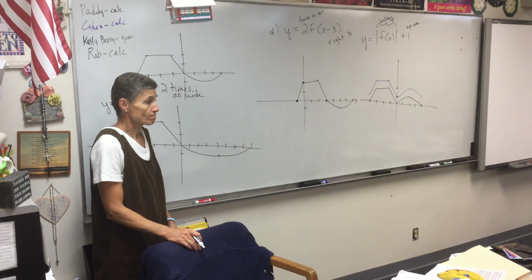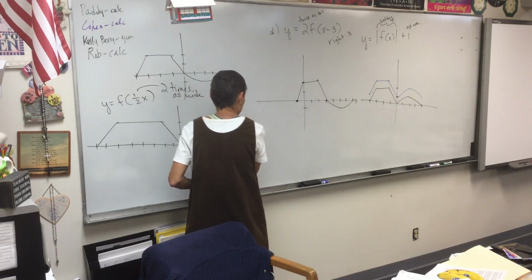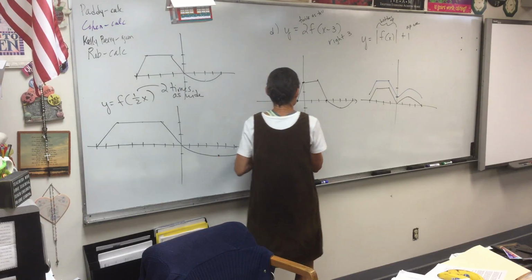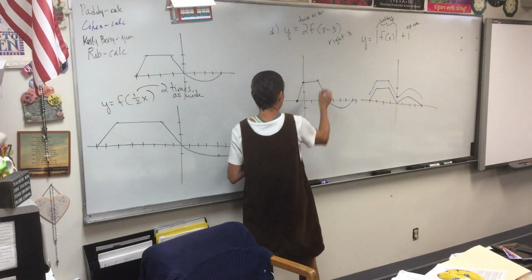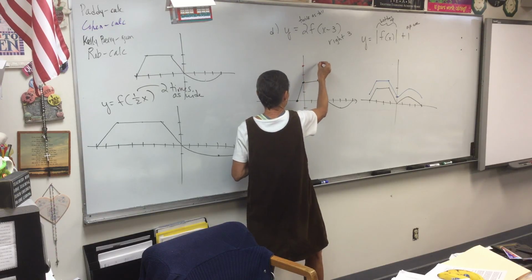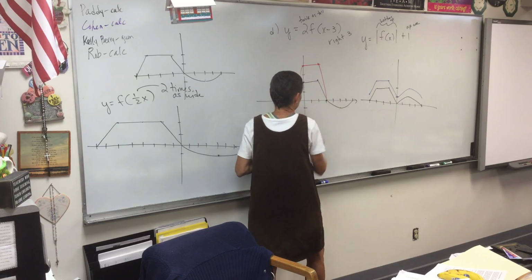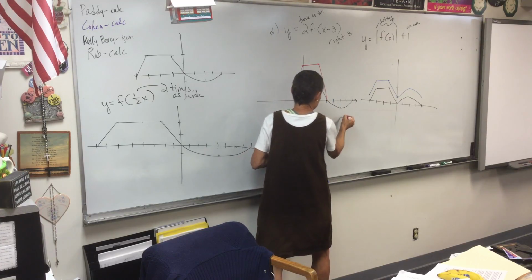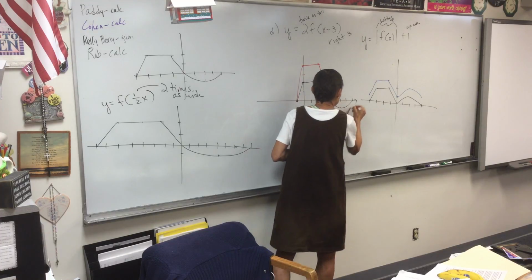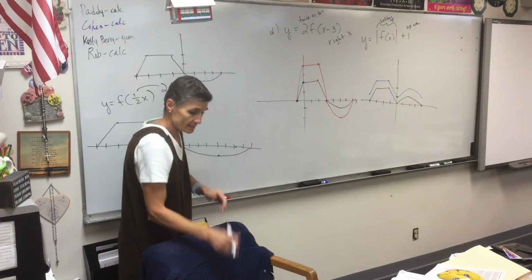Okay? Now I gotta make it twice as tall, which means all the y's are doubled. So that means this guy's up here at 4. And this guy is down here at -1. So the red is the answer.